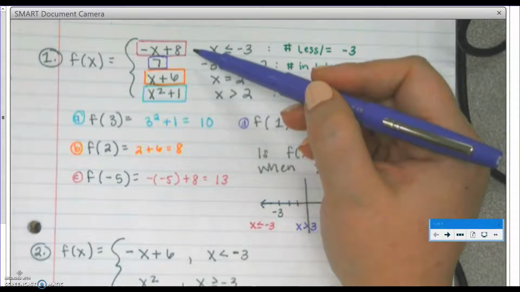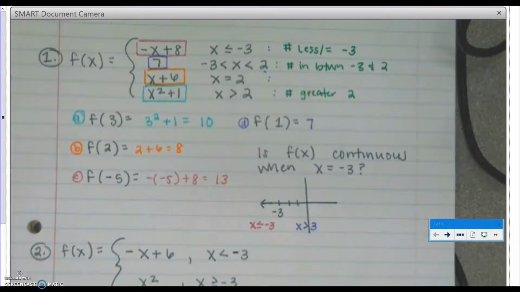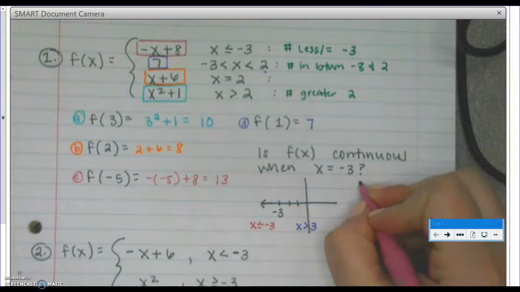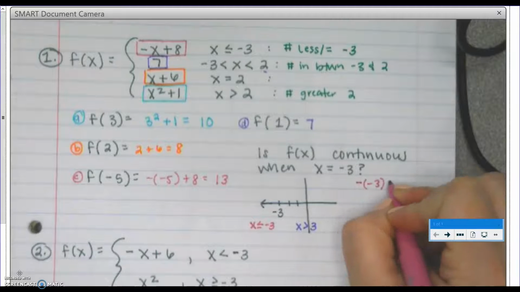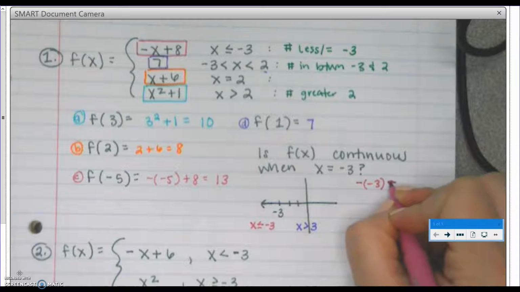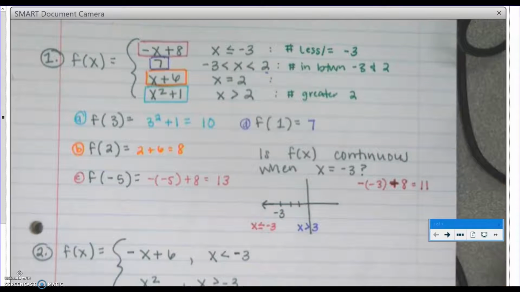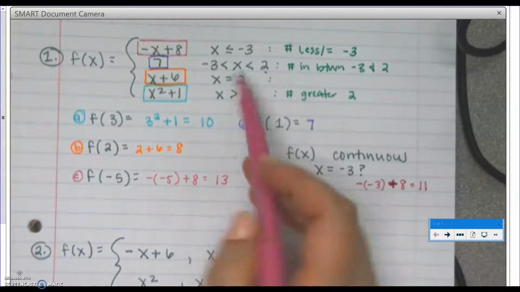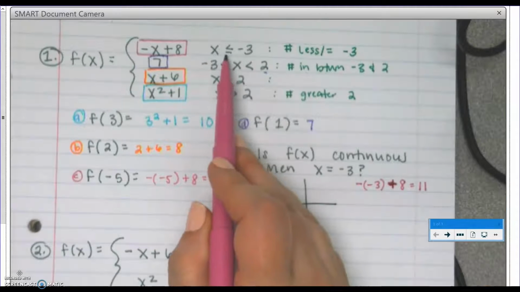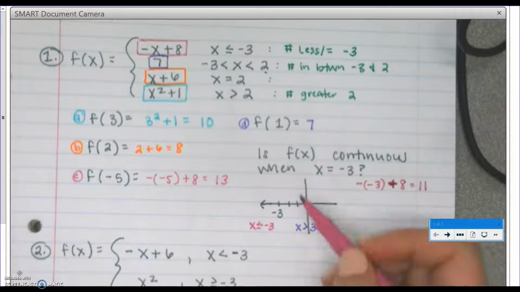So the first piece from the left, if I plug in -3, that's going to give me 11. This piece included -3, so that would be a closed circle.